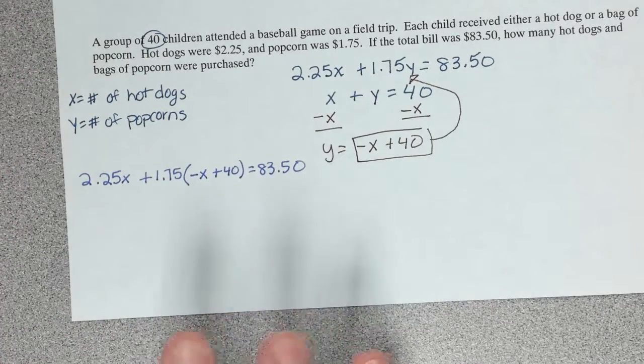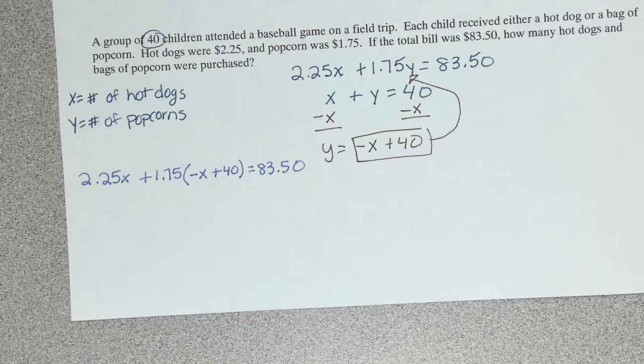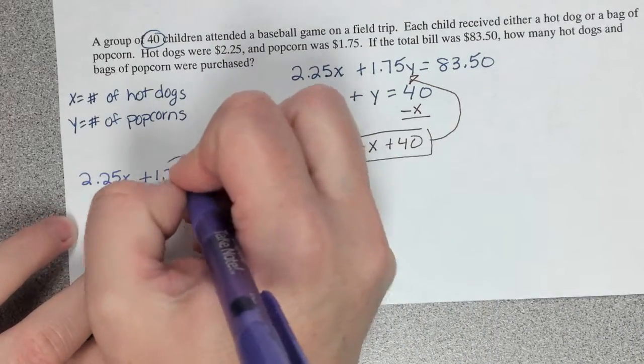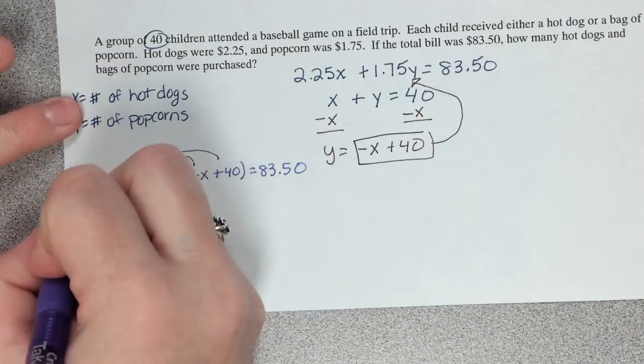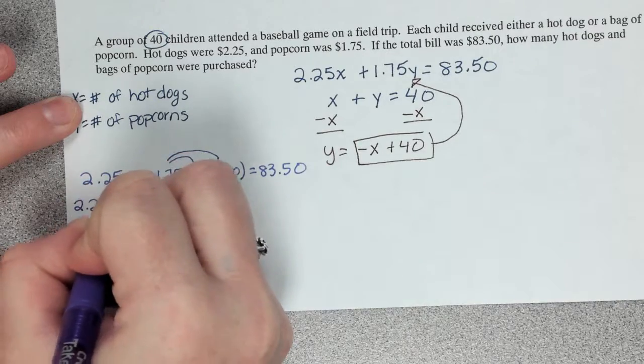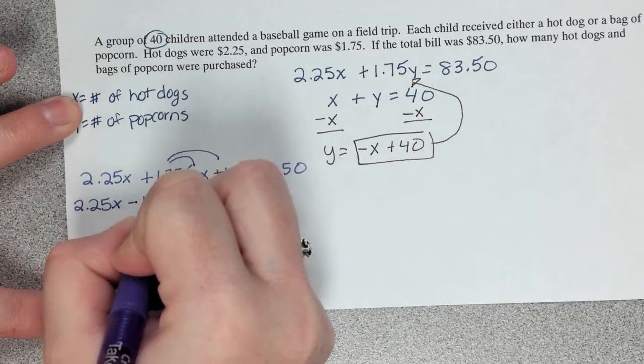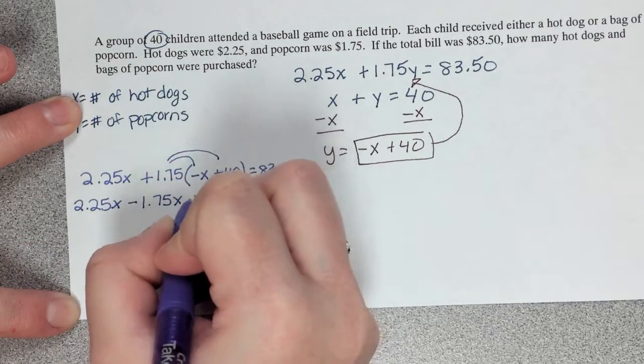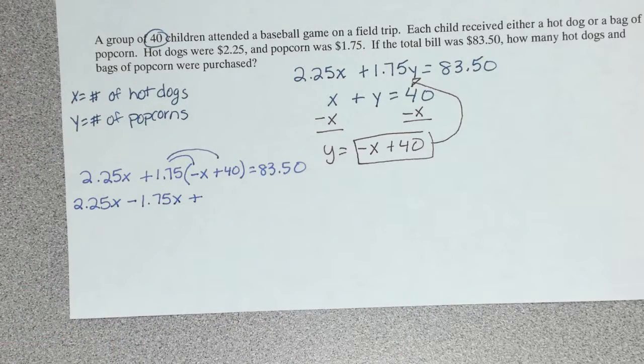Now this looks kind of funky, but again, you have a calculator, so make sure you use it for your multiplication, your arithmetic, okay? I'm going to use it. I don't know what 1.75 times 40 is, so I need to distribute first. 2.25x minus 1.75x plus, and here's where your calculator comes in handy.